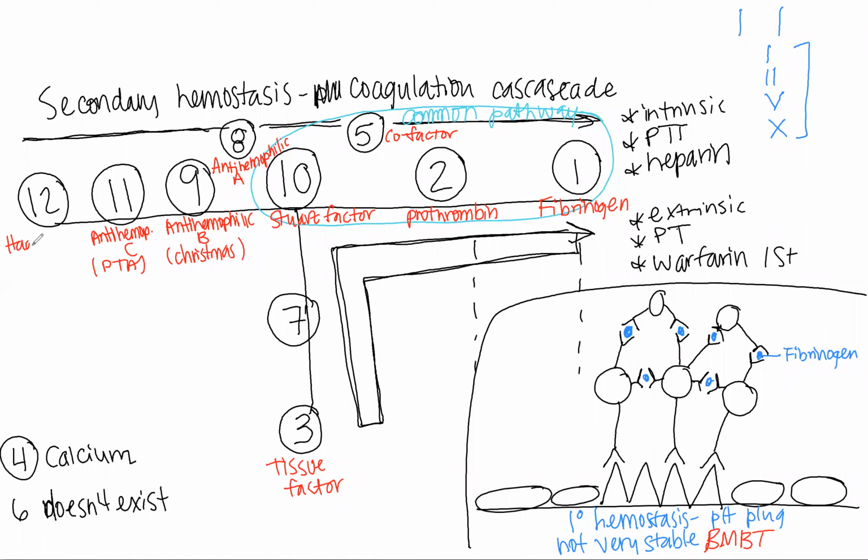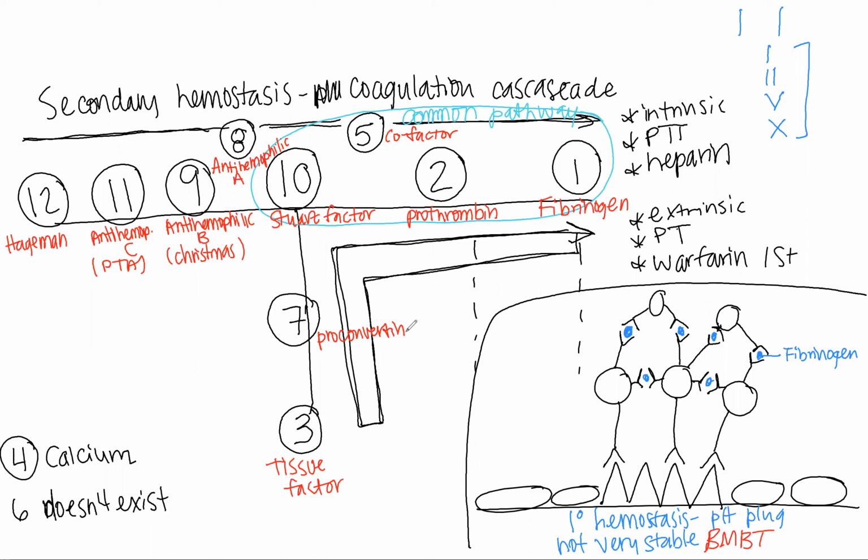And then the last one is Hageman. This one, 7, used to be called proconvertin, and you might hear a deficiency referred to as hypoproconvertinemia, but we don't really use that term very frequently.